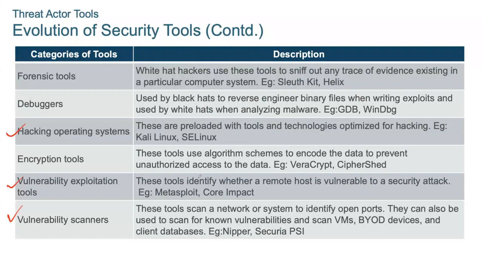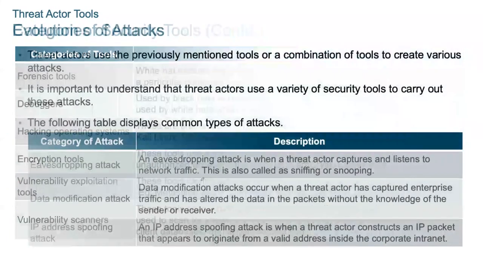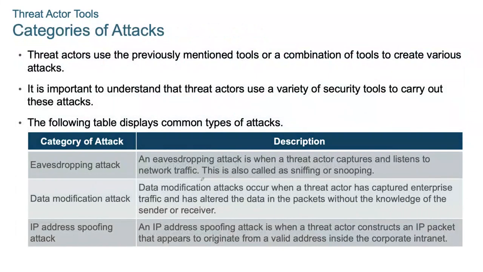Right? So now let us see what are the different categories of attacks. Threat actors can use the tools which we have just discussed, a combination of all those tools like password cracking or vulnerability scanning, and then try to hack.